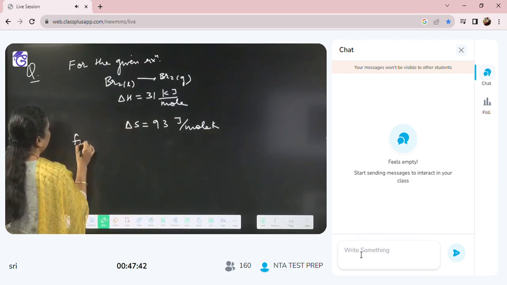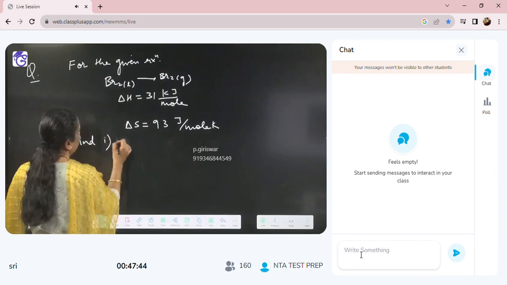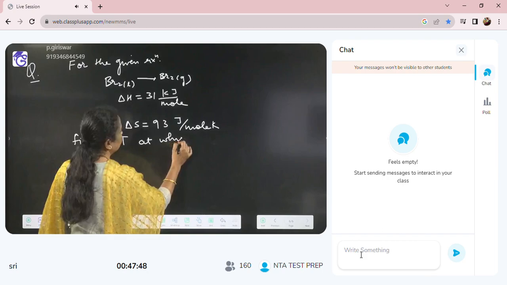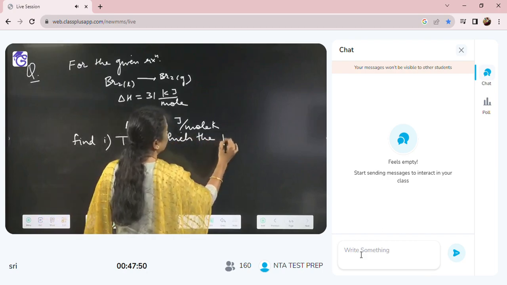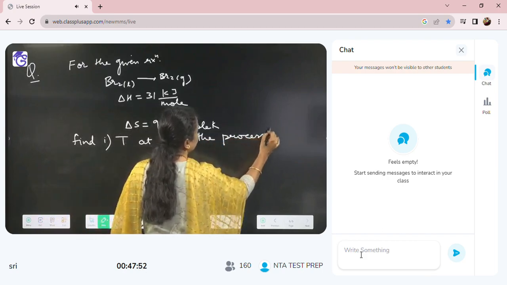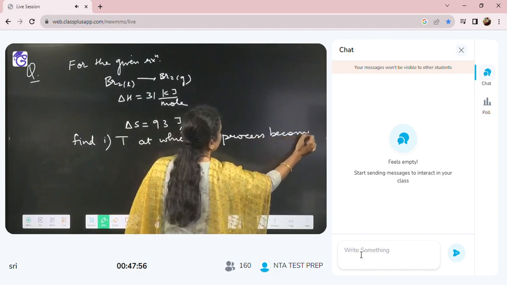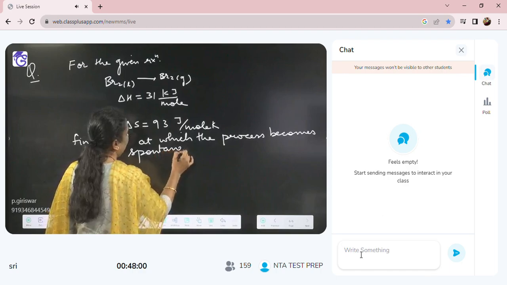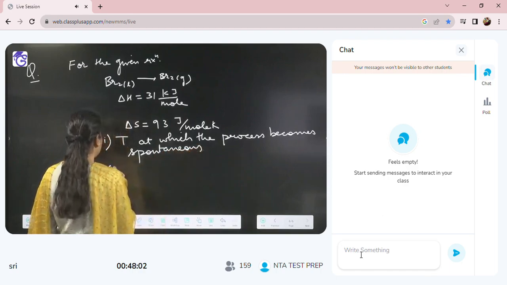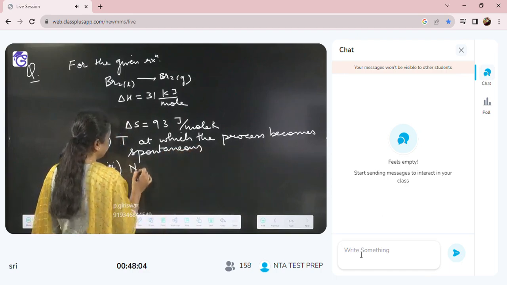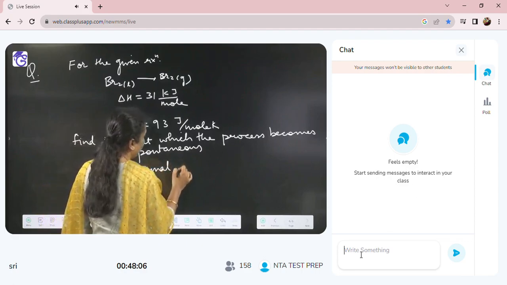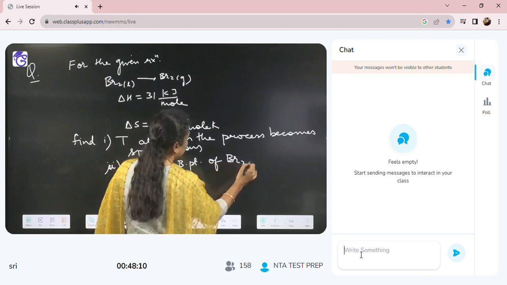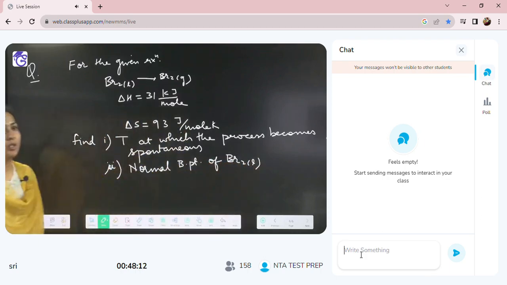Find two things. First one is the temperature at which the process becomes spontaneous. And the second thing is you have to find out the normal boiling point of Br2. Find it out, everyone.